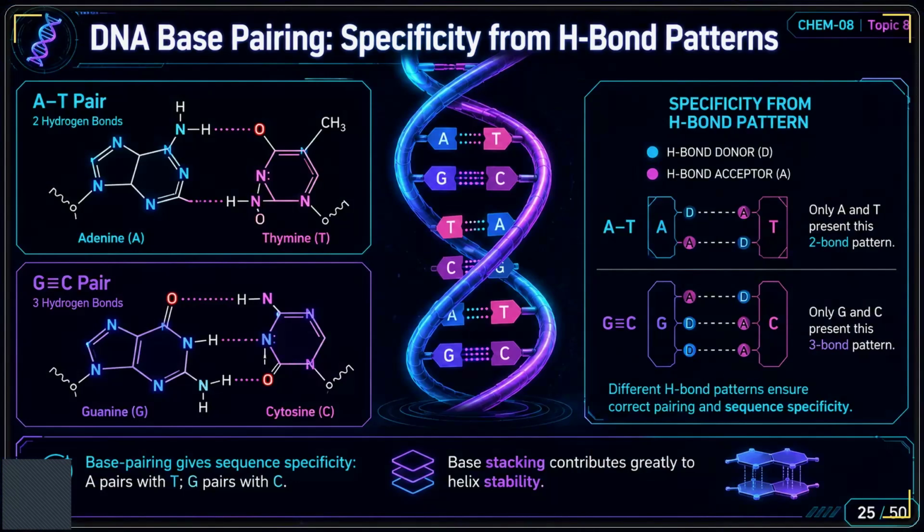DNA base pairing is fairly simple. The more hydrogen bonds we have, the stronger the interaction. But base stacking contributes greatly to helix stability as well. So hydrophobic interactions play a very important part as well. And certain drugs and certain compounds are able to intercalate into these parts, especially in mutated cancer cells.